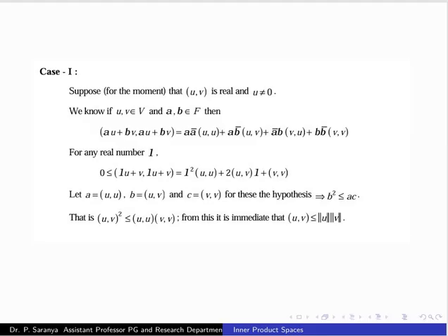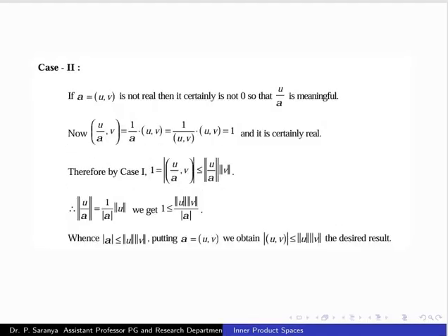Let a equal the inner product of (u, u), b equal the inner product of (u, v) and c equal the inner product of (v, v). From this hypothesis we get b squared less than or equal to ac, that is, the inner product of (u, v) squared is less than or equal to the inner product of (u, u) times the inner product of (v, v). From this, it is immediate that the inner product of (u, v) is less than or equal to norm u times norm v.